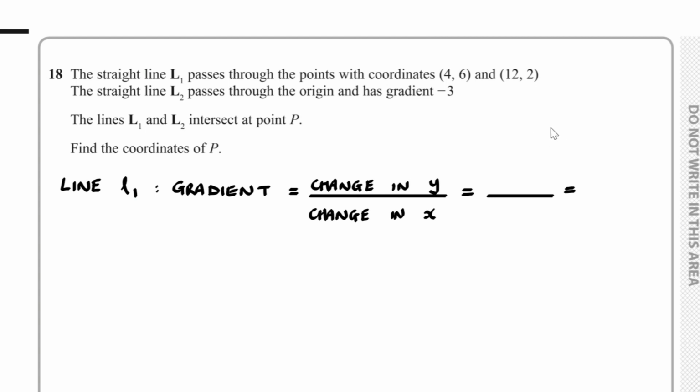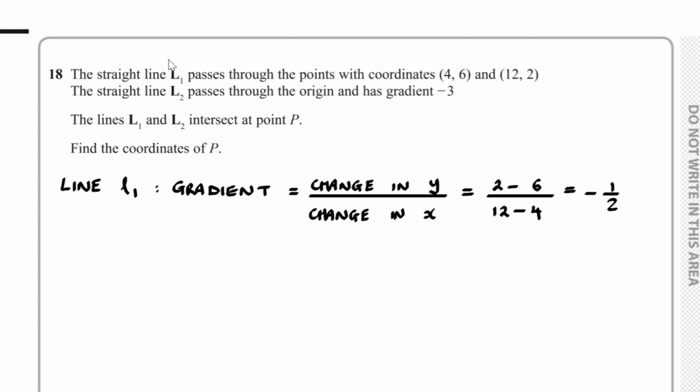We can find the gradient of the line, recognizing the gradient is the change in y over the change in x. So we've got the change in y, 2 take 6, and the change in x, 12 take 4. And so what we can see then here is the gradient is minus 1/2.